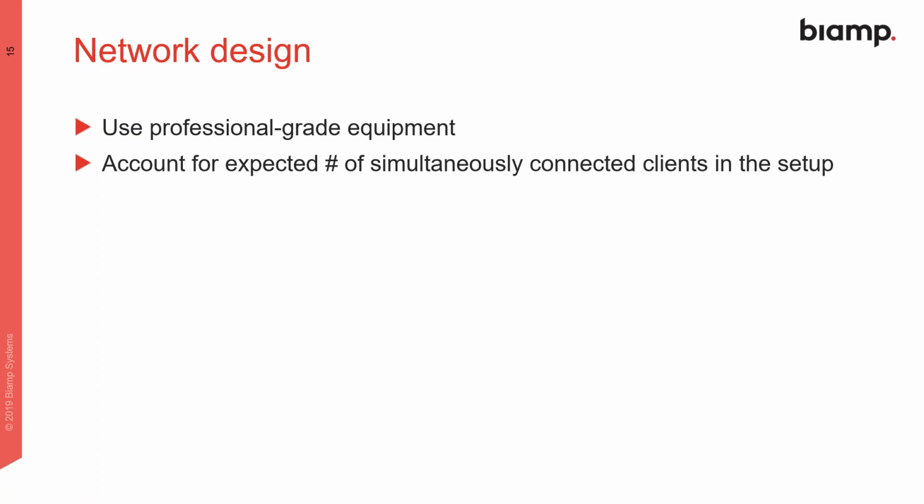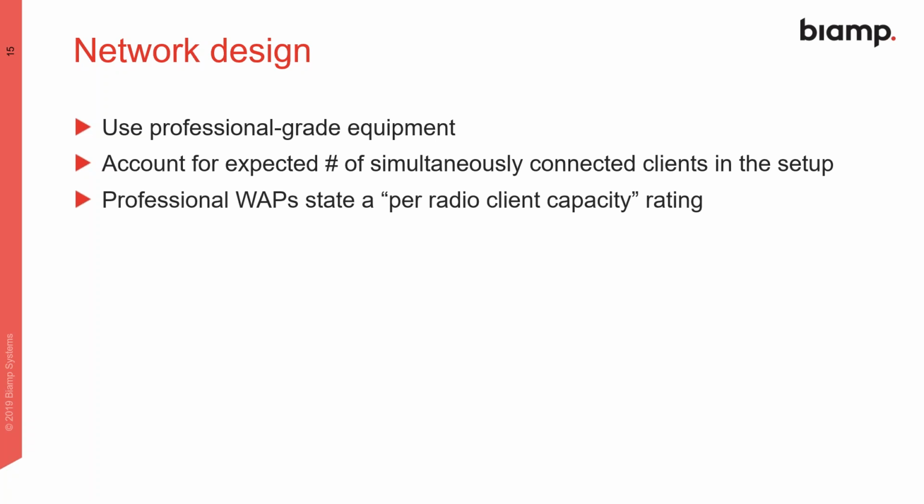So how many simultaneous clients can a specific wireless access point handle, for instance? That's often stated as a per radio client capacity. So that's something that you can work with, and it's a number you can rely on. And that's, of course, very important in critical events you want to run with CrowdMics.